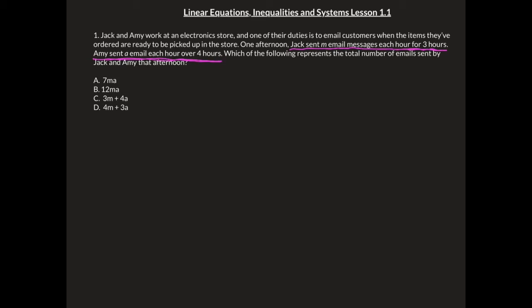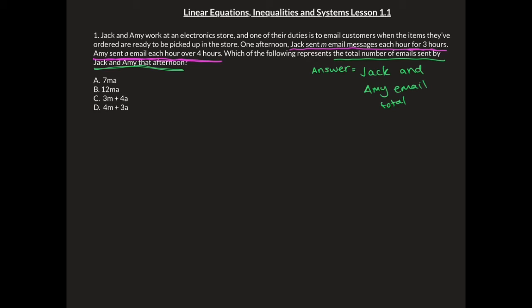And it's showing us that our answer is equal to Jack and Amy's email total. So it's not just one person, it's both of them combined. That'll be important when we're answering it.